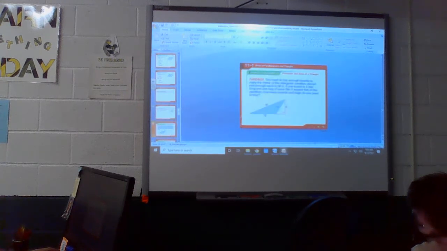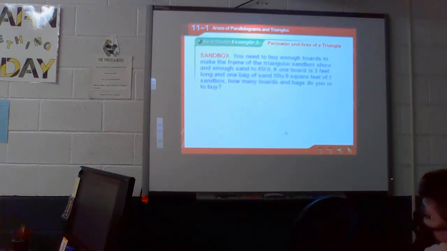So then we look at triangles. This is a pretty good problem right here. You need to buy enough boards to make the frame of the triangular sandbox shown and enough sand to fill it in. If one board is 3 feet long and one bag of sand fills 9 square feet of the sandbox, how many boards and how many bags do you need to buy? So essentially, this is 2 different problems in one problem.